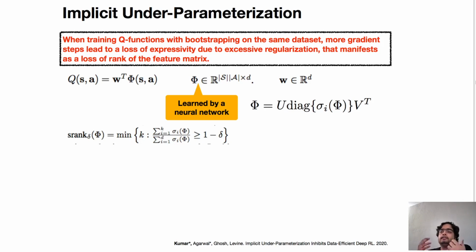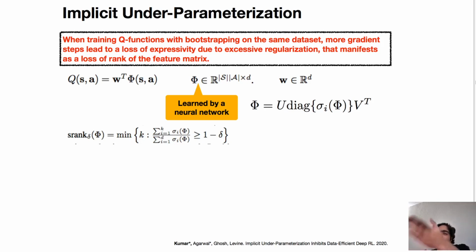And the number of singular components that cover most of the mass of the total sum of singular values, shown in the denominator here, is the effective rank of a matrix, because those many components are actually important for representing different features or mapping different state action pairs into a particular smaller space.